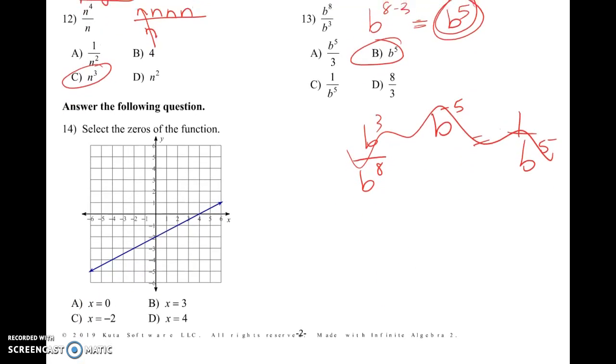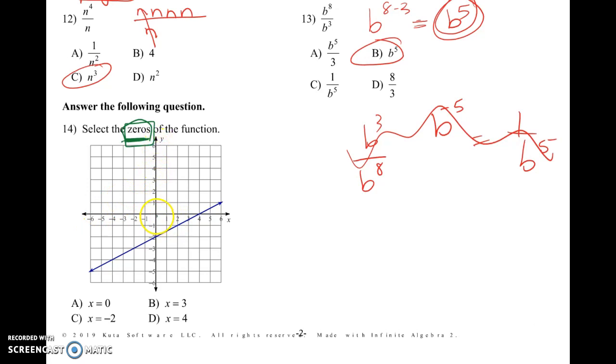Alright, number 14, last question. Select the zeros of the function. So if I'm looking at this, what do the zeros mean? The zeros are when you plug in y to be 0, or the roots, if you will. So we're looking for, where does y equal 0?